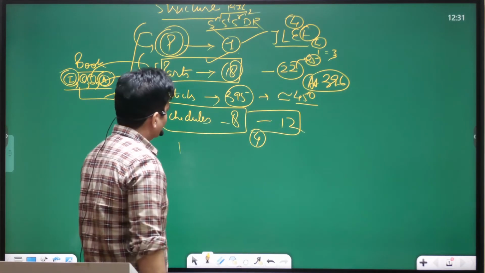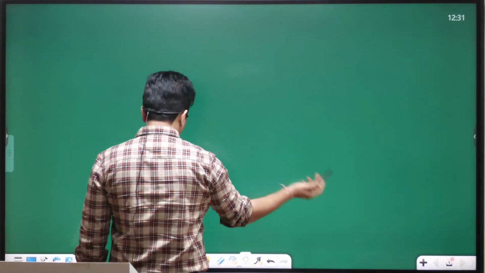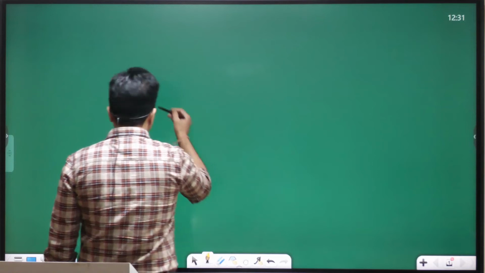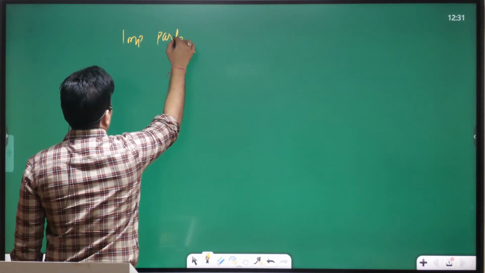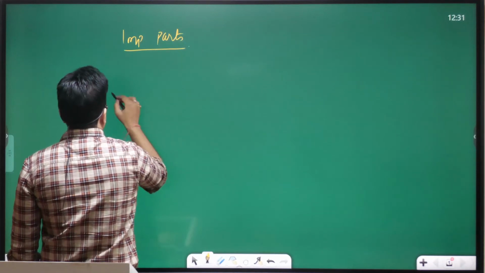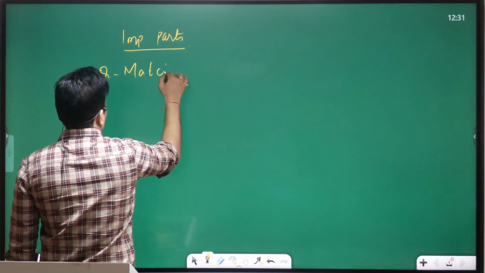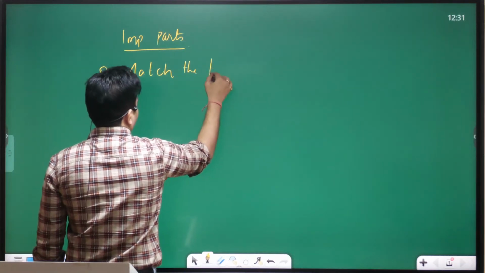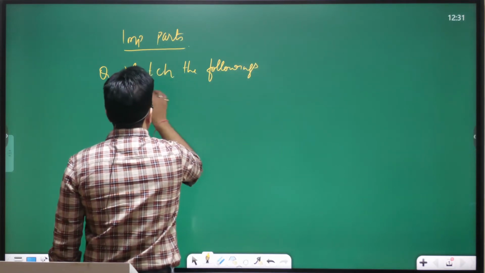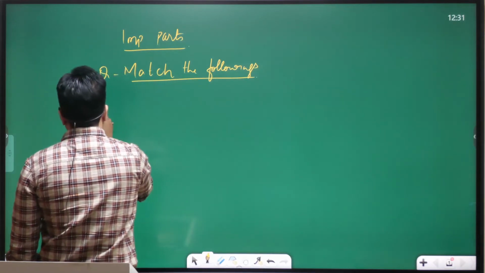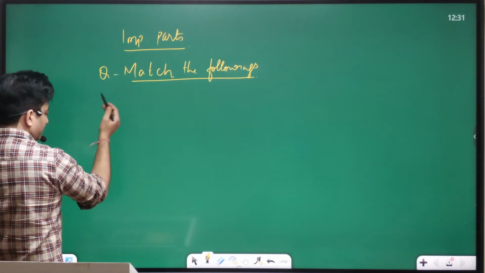Okay. So there is a question for some of the important parts. So question is, match the followings. ऐसा वैसे क्वेश्चन आता नहीं है जो मैं बनाने जा रहा हूँ, बट फिर भी लेट्स ट्राई.